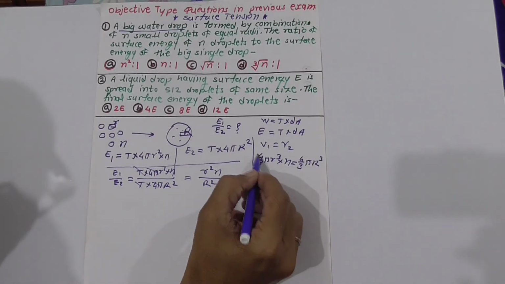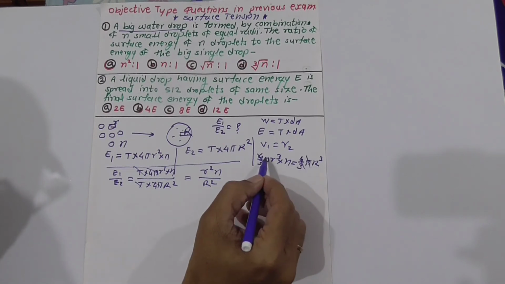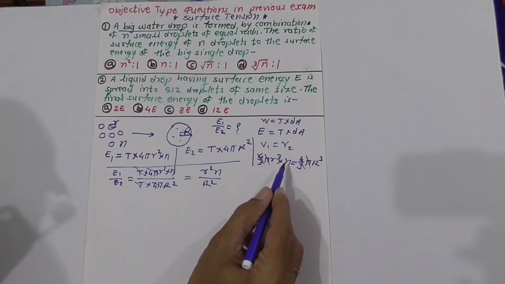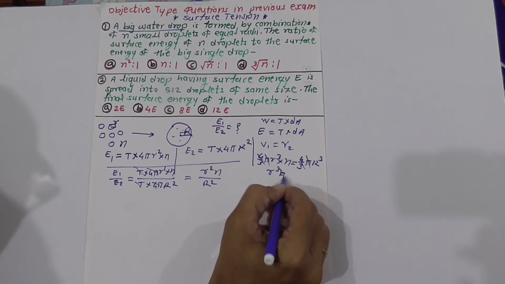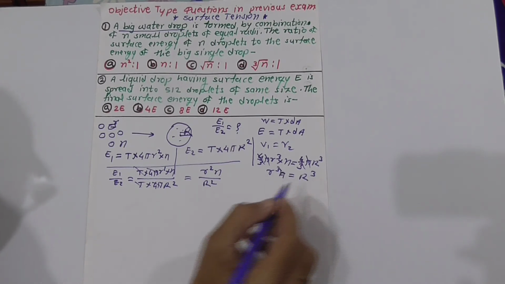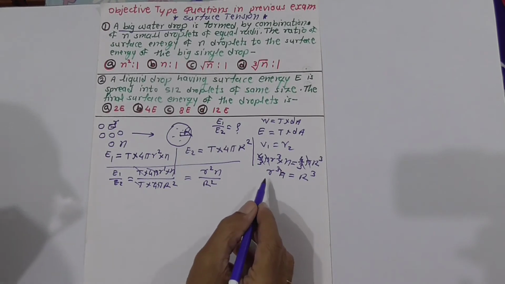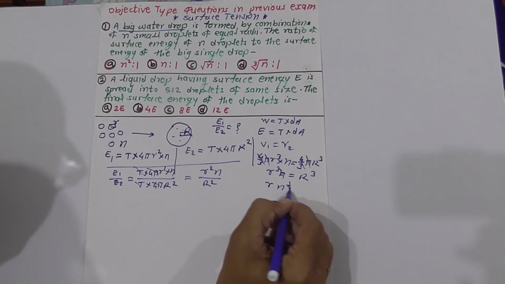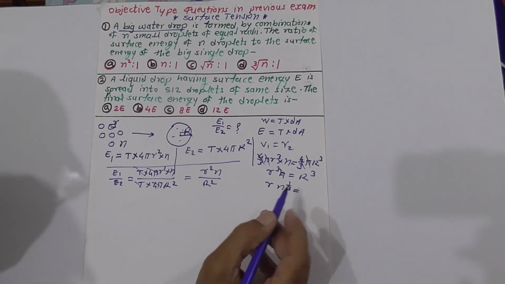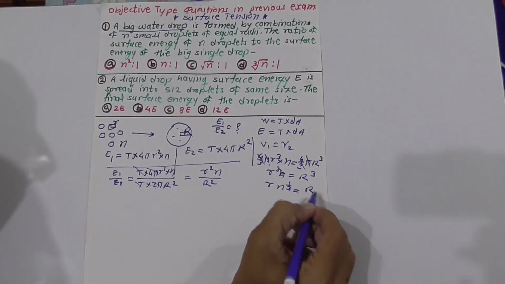Here 4 by 3 and pi cancel, leaving r cube n equal to capital R cube. Taking the cube root on both sides, r n raised to 1/3 is equal to capital R.